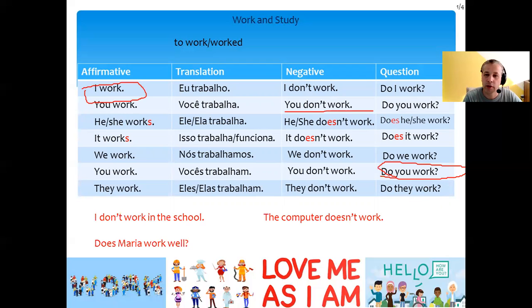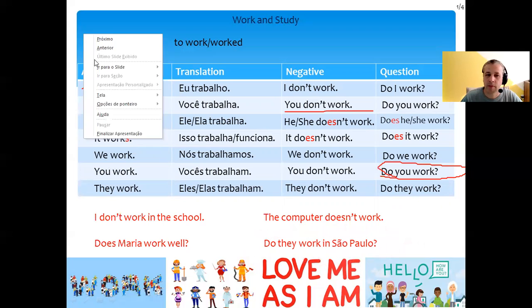It doesn't work. Okay? How can you say my TV, a minha televisão trabalha bem. Minha televisão funciona bem. My TV works well. Okay. And the last one. Do they work in São Paulo? Eles trabalham em São Paulo?